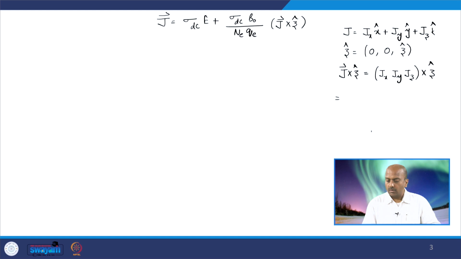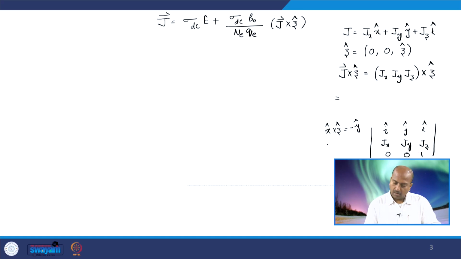So we can do this with the determinant i cap, j cap, k cap, Jx, Jy, Jz, 0 0 1. So effectively we also know that x cap cross Z cap is minus y cap, y cap cross Z cap is x cap, and Z cap cross Z cap is 0.